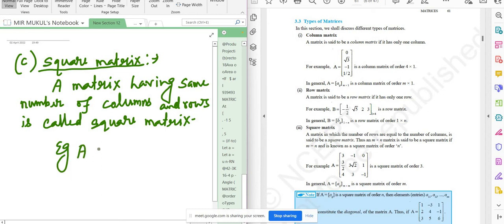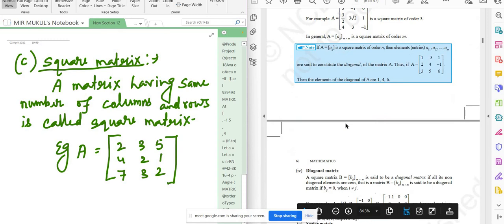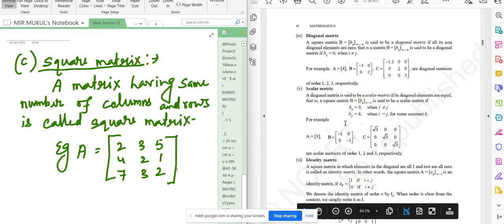Example, like A equals same number of rows and columns, 2, 3, 5, 4, 2, 1, 7, 3, 2. So the number of rows here is 3 and the number of columns is 3. So it is a square matrix, right? Then fourth is the diagonal matrix.